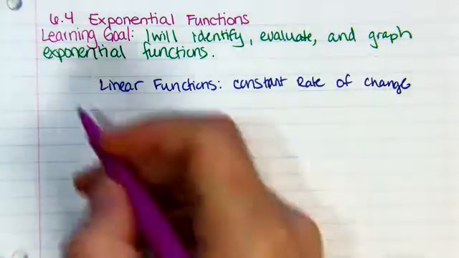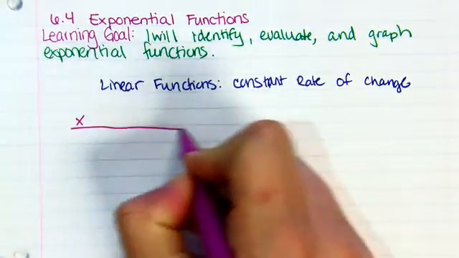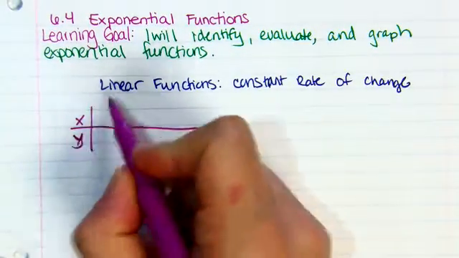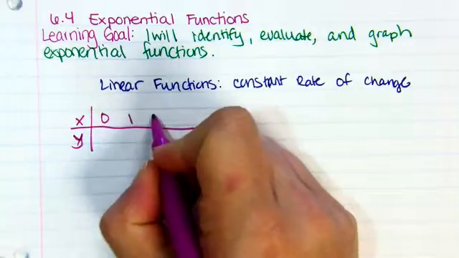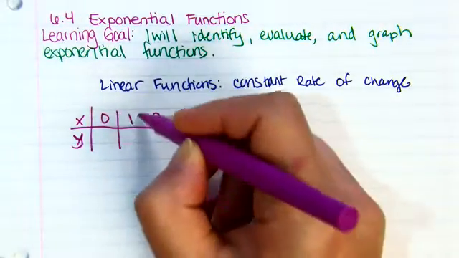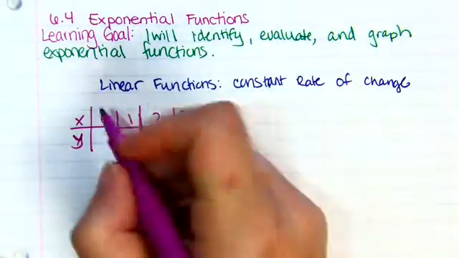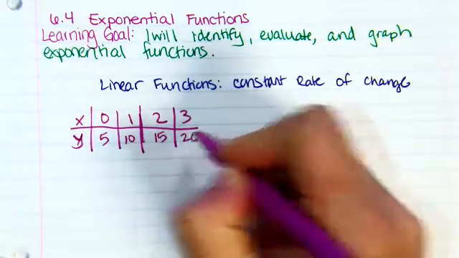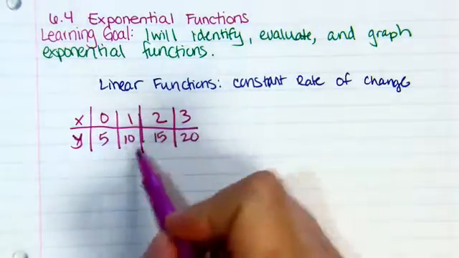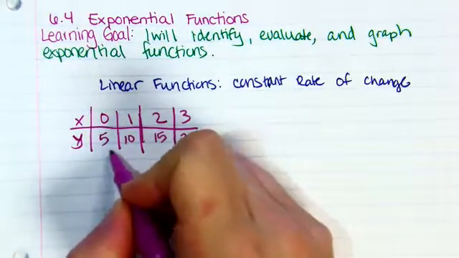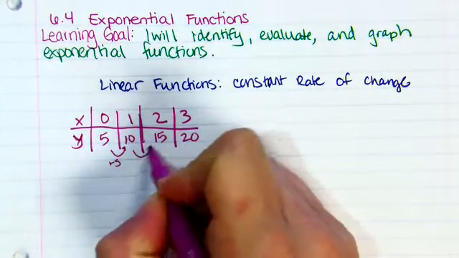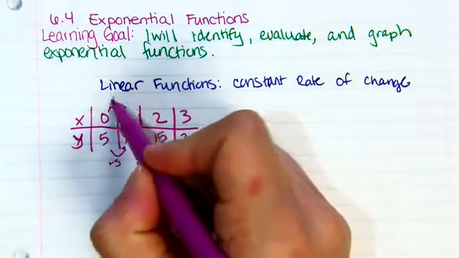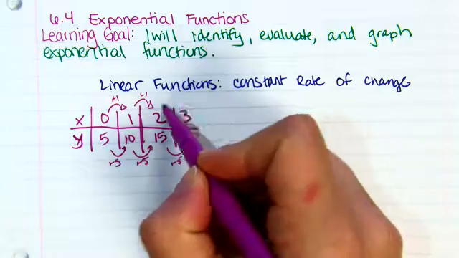So for our first table, if we have our x and our y, where x is our input, y is our output. Let's go 0, 1, 2, 3. And then for our outputs, we have 5, 10, 15, 20. I want to look at my change here. I see that this is going up 5, up 5, up 5 for every change in 1 from x.